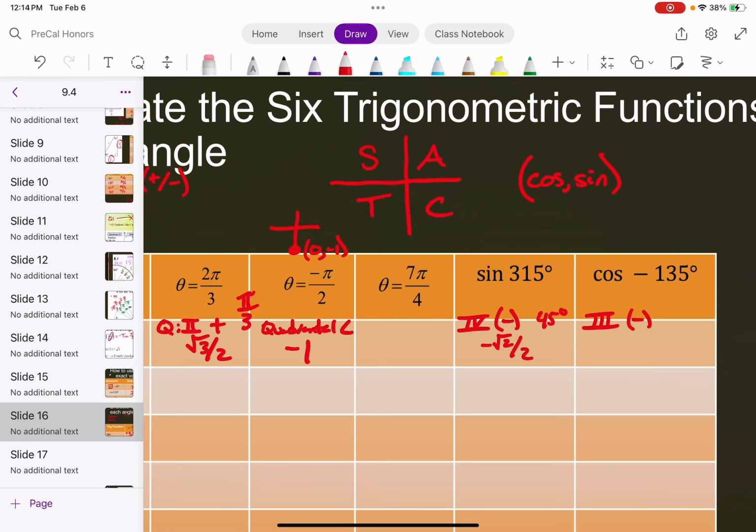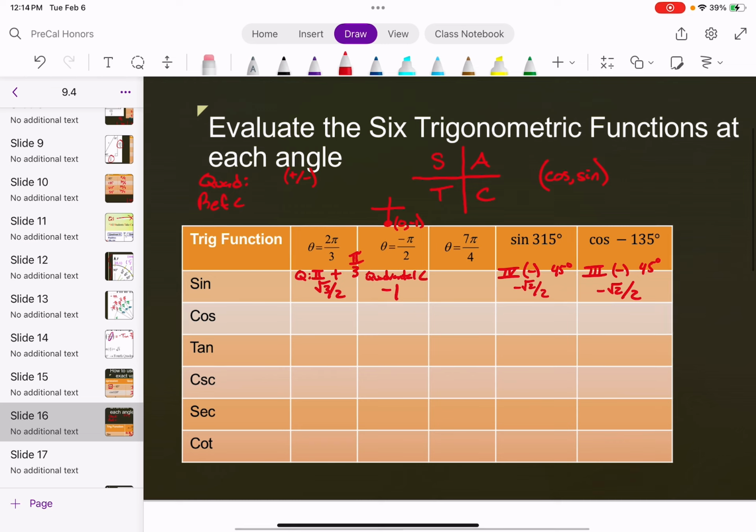We look at our reference angle, which in this case would be 45 degrees. When we take a look at negative 135, that would leave you with negative square root of 2 over 2.